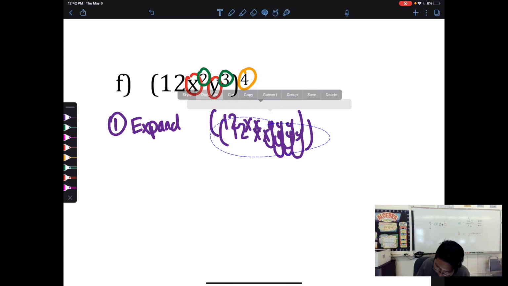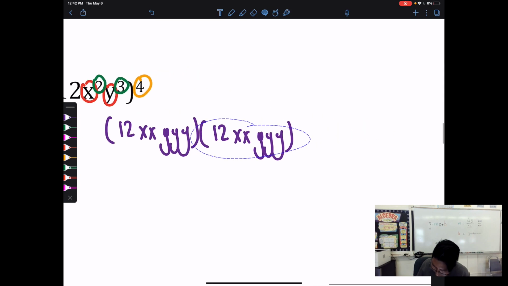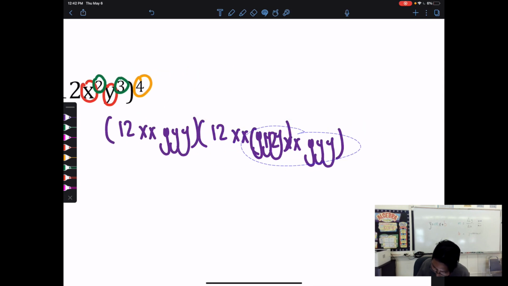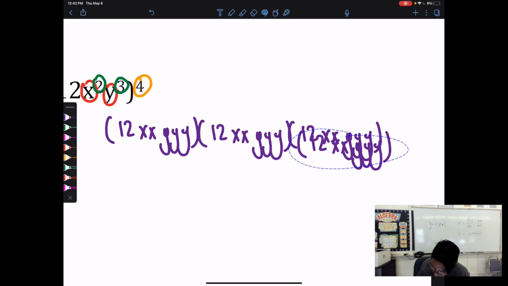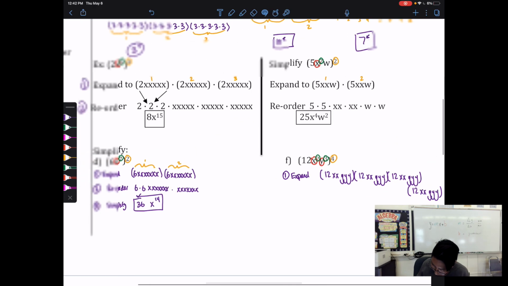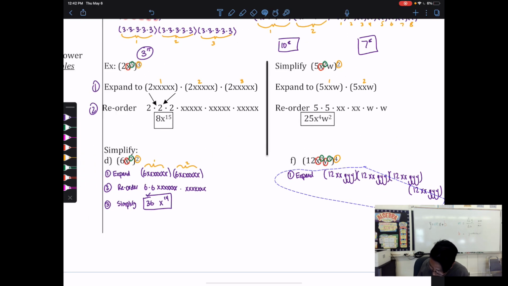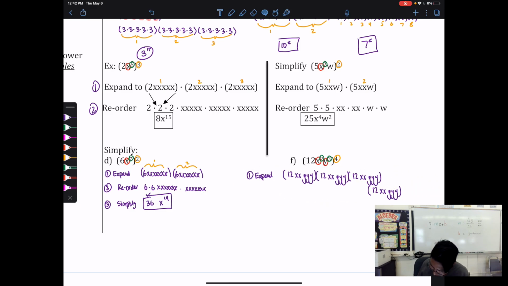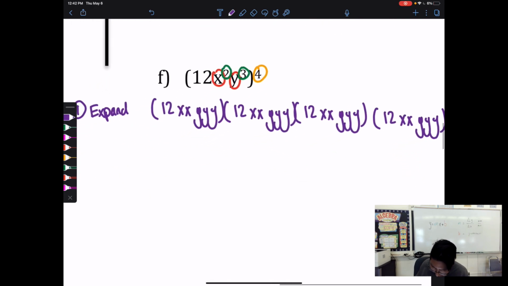Let's go ahead and do 1, 2, 3, 4. I'm going to go ahead and move all this over so I can fit this in. So that's the first step, expand.